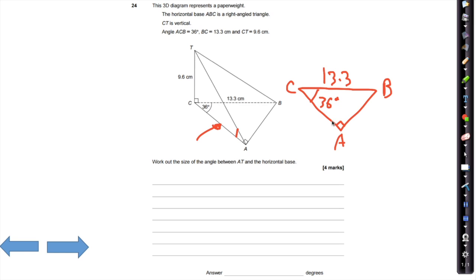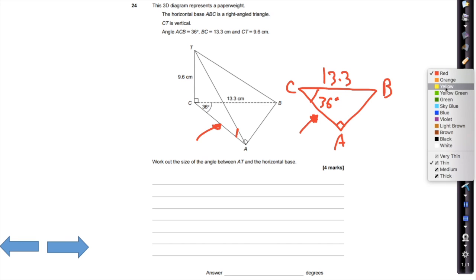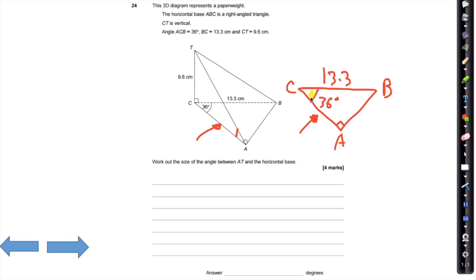So if we're looking for this length here, but we've got this angle here, then we need to think of it from this angle's point of view. From this angle's point of view, we have the hypotenuse, and we have the adjacent side that we're looking for. So A to C is the adjacent side.